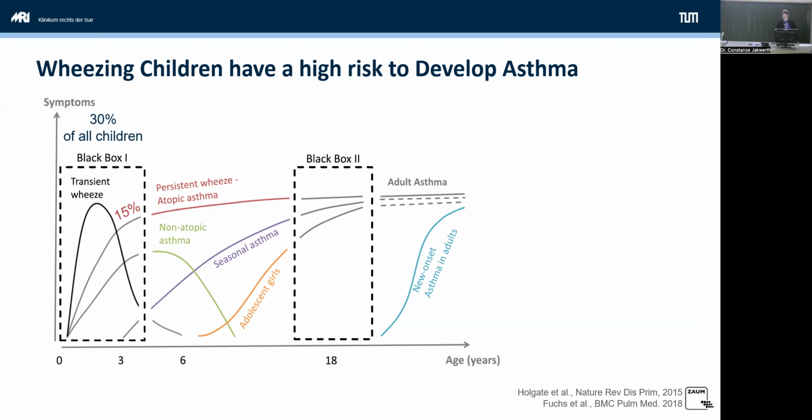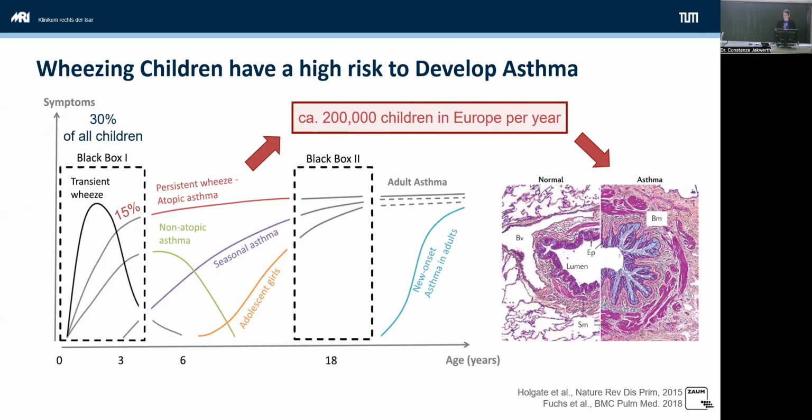However, 15% of these children keep this phenotype, unfortunately, and develop persistent wheeze and atopic asthma, which culminates in approximately 200,000 children in Europe per year that in the end develop an airway wall, as you can see here in this microscopic picture, with a huge increase of smooth muscle cells and a constriction of the bronchi.